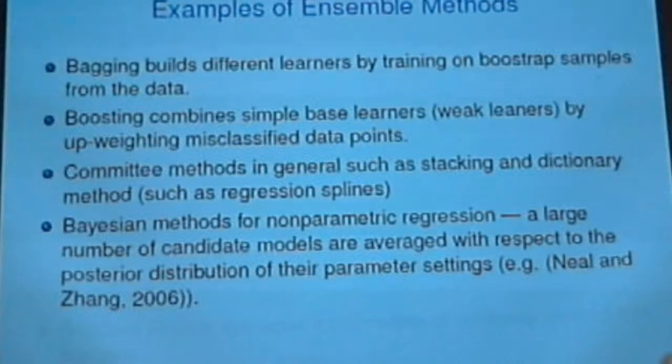And Bayesian methods for non-parametric regression usually form a large number of candidate models and average with respect to the posterior distribution.